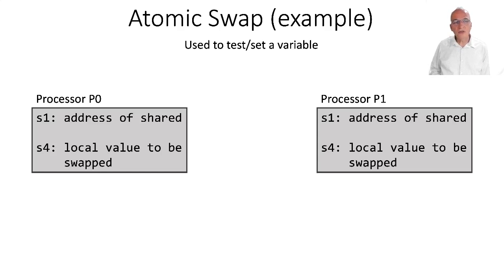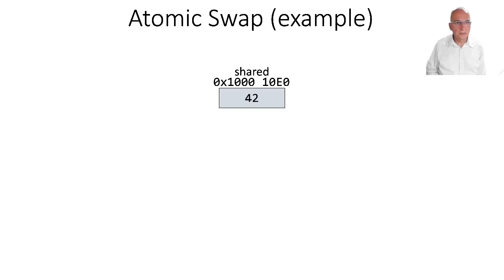So this is used to do a test and set of a variable. So there is my shared memory location. That box that I have in the middle is a single memory location. That's the memory location whose address is in S1 in both processor P0 and processor P1.